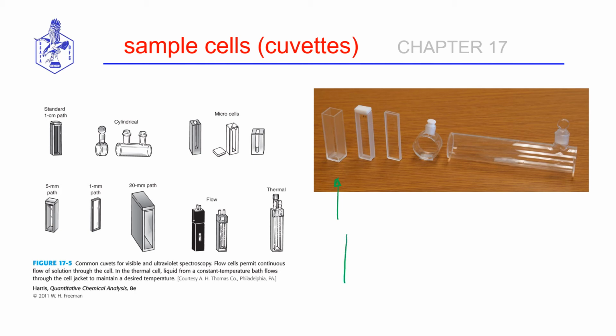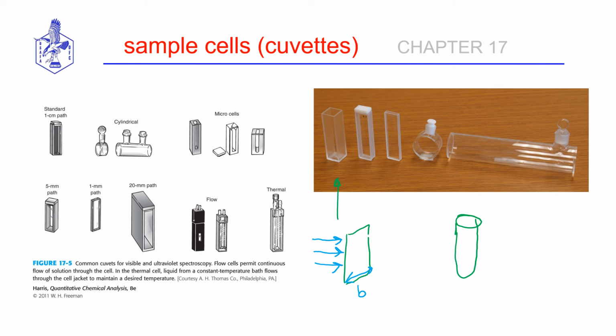A square sample cuvette has the advantage over a round cuvette that as the light hits at any place along the cuvette, the path length here, B, the width of the cuvette, does not change.